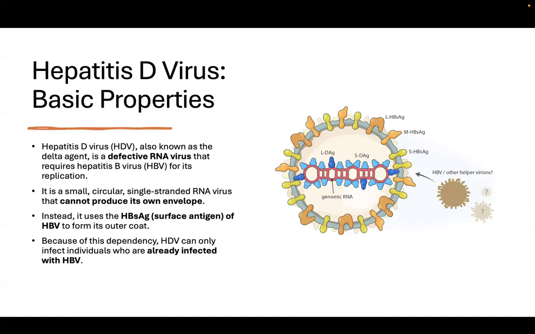It needs hepatitis B virus to be there. So you do not see people infected with just hepatitis D virus. You see it only in people that are already infected with hepatitis B. That's why it's quite a weird virus.